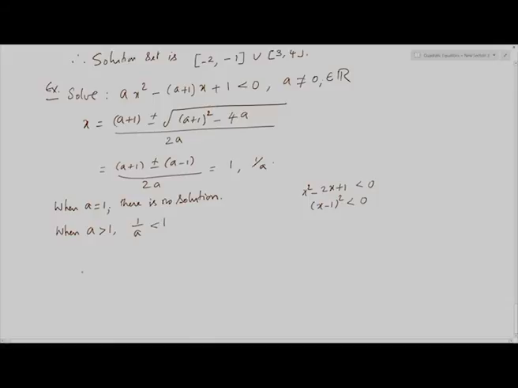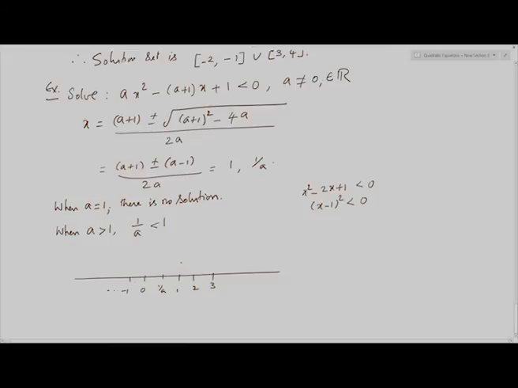Therefore now I write this, let me use the sign graph for convenience. Let me put the 0, and 1 by a is a number less than 1, and so on.